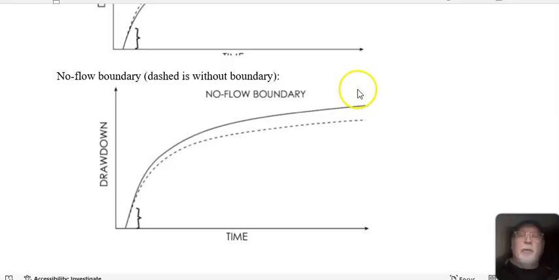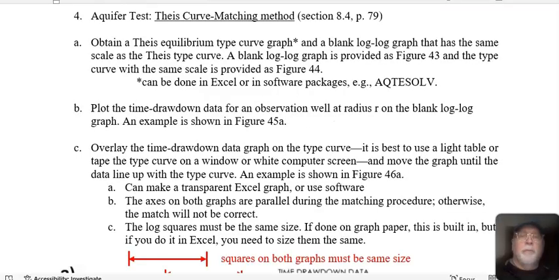Whereas if you have a boundary that you're hitting, now you're going to have to draw down more because you're not getting water from past the boundary. So you'll have a little more than the basic equation tells you, and we have ways to adjust for that. So that is the Theis curve-matching method.